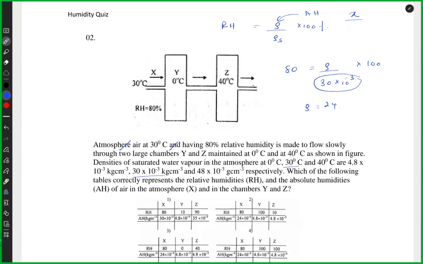So if you multiply 30 times 10 minus 3 by 80%, you're definitely going to get the absolute humidity. Do it mentally: 80% of 30 times 10 minus 3 is going to be 24 times 10 minus 3, right? So you don't need to write equations for these things. Are you all following this? Yes, sir. Okay.